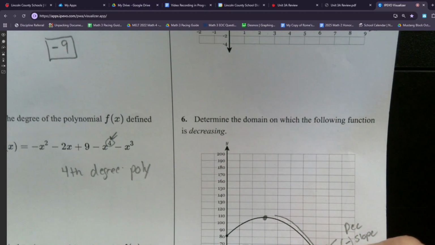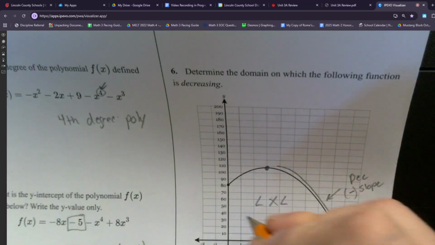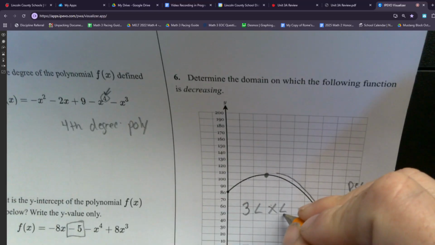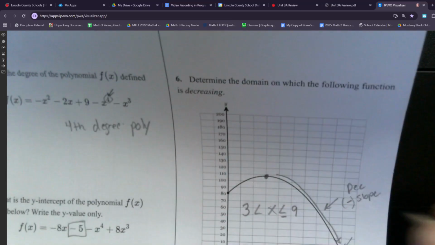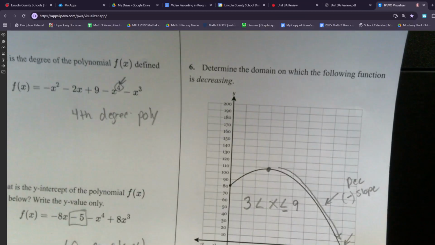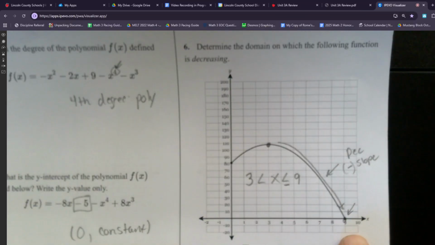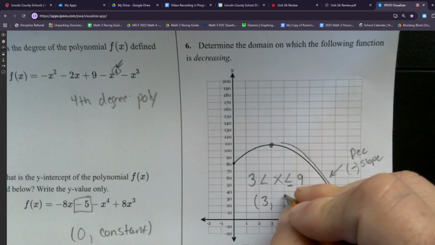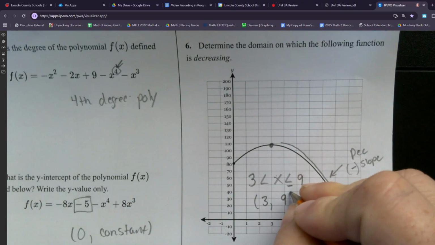So we got x. I'm going to leave this not equal to since it's not decreasing or increasing at 3. That's where it actually changes directions. So it decreases from 3 to 9. 9 is a closed circle, so I'm going to put that as equal to. Or if you want to put in interval notation, it would be 3, 9, with a square bracket.